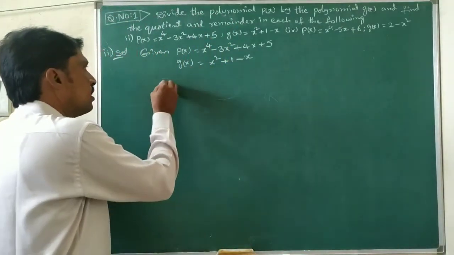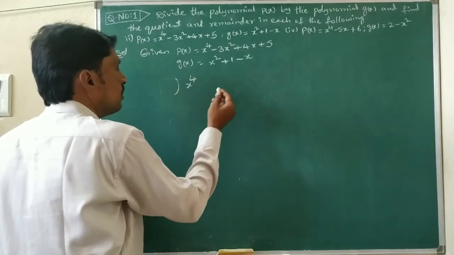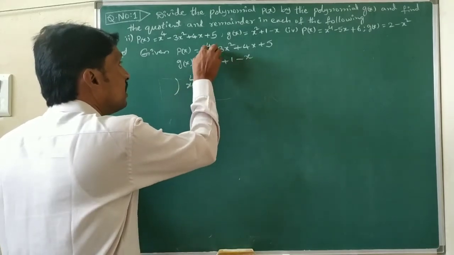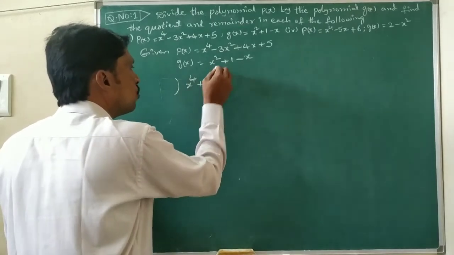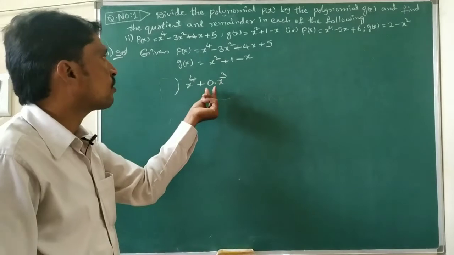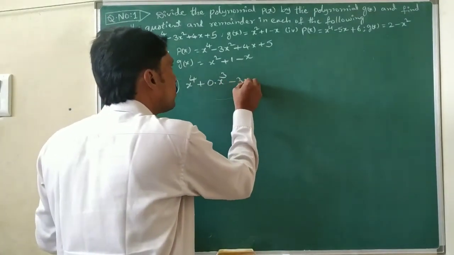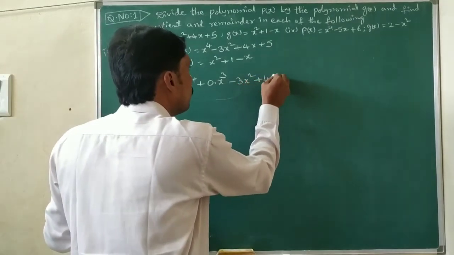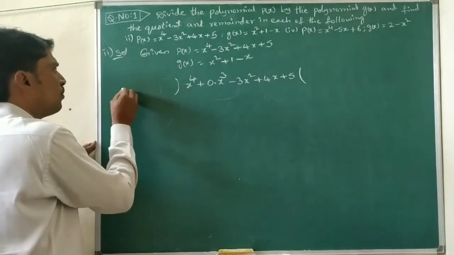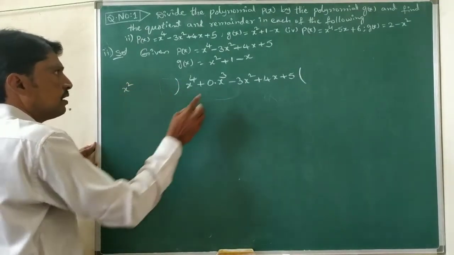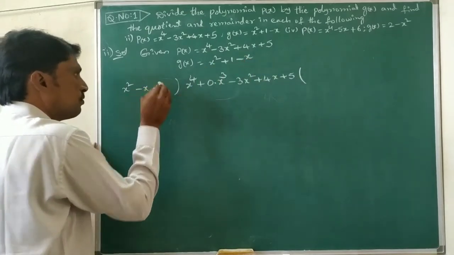So first I am taking the dividend: x power 4, next the power decreases, so 0 into x cube, since the x cube term is missing, minus 3x square plus 4x plus 5. For the divisor, first x square, the highest power, then decreasing powers: minus x plus 1.